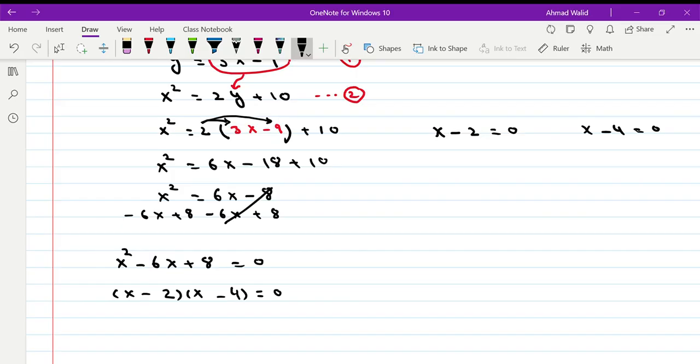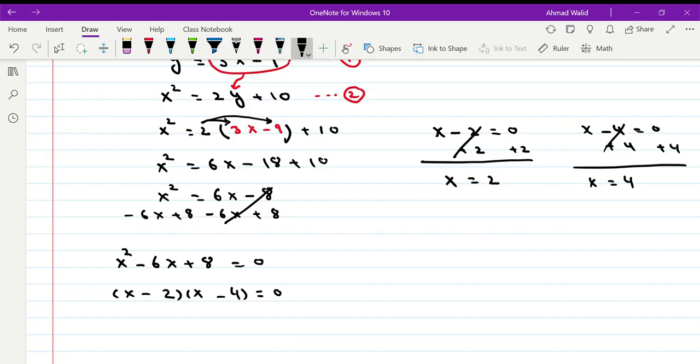Now, if I solve these two equations, I'll add 2 to both sides in the first equation. It means x equals 2. And I'll add 4 to the second equation. It means I'll end up with x equals 4. Now, how to find the value of y?